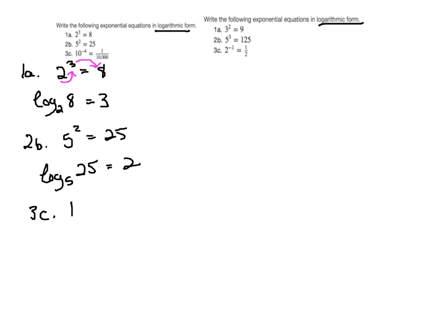3c, 10 to the negative 4th power equals 1 over 1, 2, 3, 4. I didn't even have to put that into my calculator because I know it's going to have 4 zeros there. So start at the base, log base 10, raise to the is, and that equals the of.